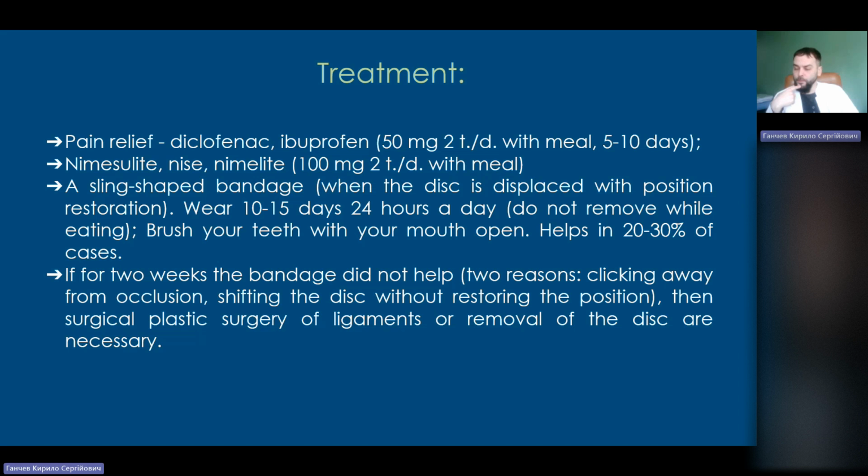Do not open the mouth wide. Do not eat hard consistency food. Then non-steroid drugs and bandage. That's all that joint needs. That's more than enough. And if not, you know that it's surgery.